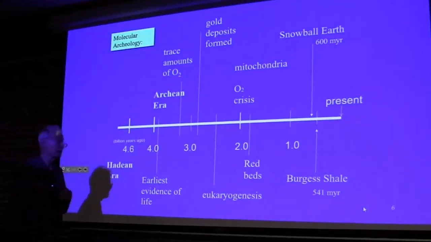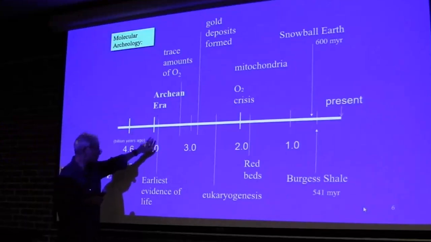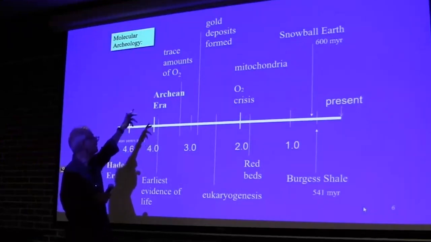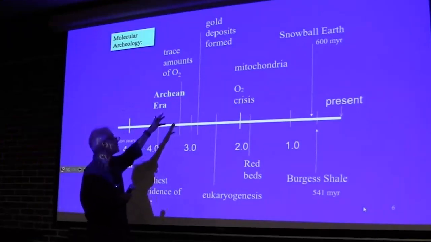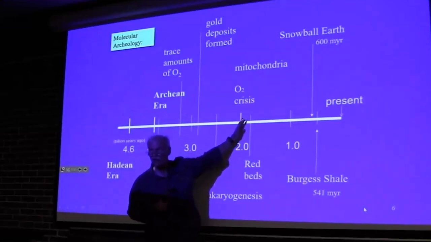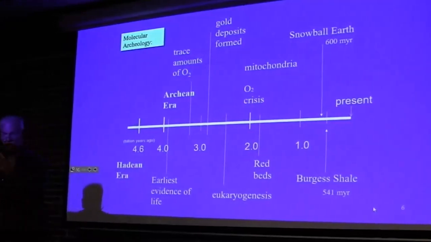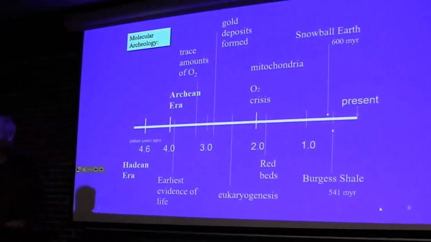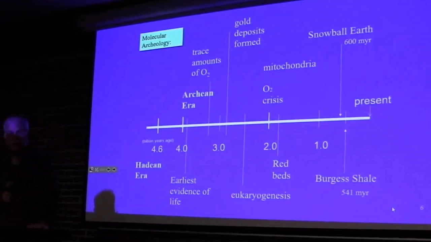We can see that looking at the ratio of isotopes in the sediments. Around 4 billion years ago, right here, you get trace amounts of oxygen, and the oxygen builds up until it almost wipes out life on Earth. Oxygen being a very strong oxidant, a toxin. And so life had to adapt to that.